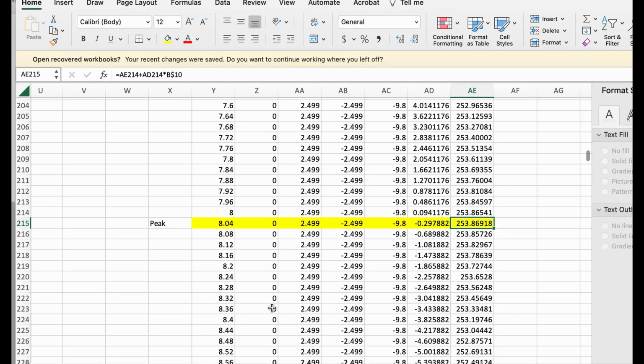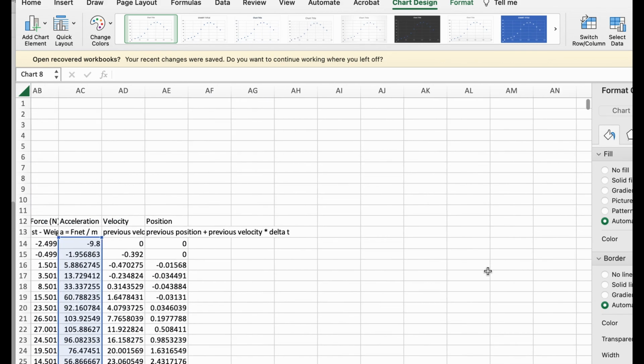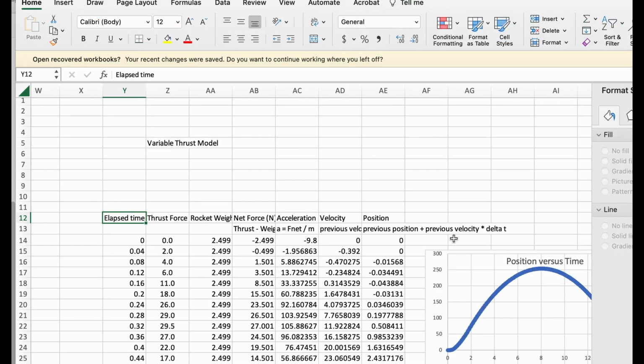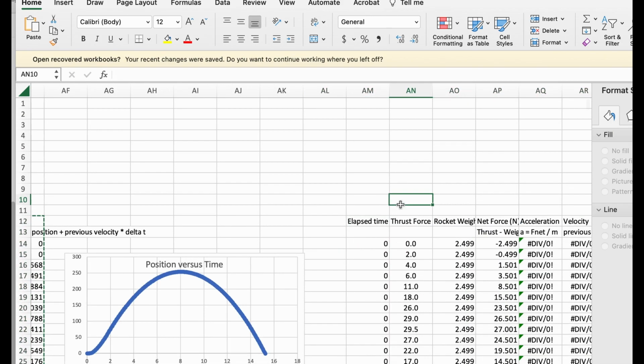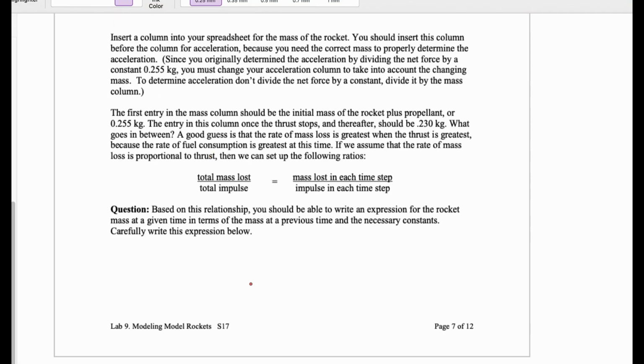First, I'm going to make my graphs, though. Okay, there we go. Now let's copy everything we have. Variable force, variable mass. Here they're saying we want the mass to decrease, but proportionally to the impulse of the step.